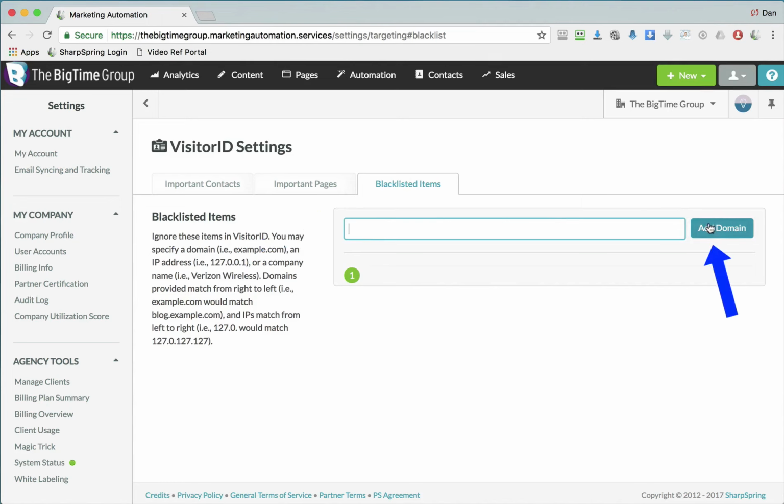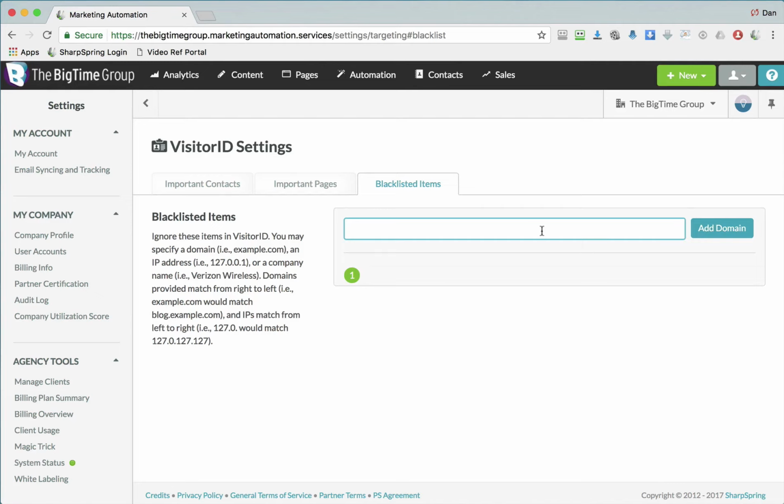If also you see that there's somebody with an IP address who is trolling you, not really doing anything other than just bouncing on and off your website, you can put their IP address in there and click Add Domain. This is also really helpful: you should put your IP address in there as well, because when you visit your website, you don't want to track yourself. And that's visitor ID settings.